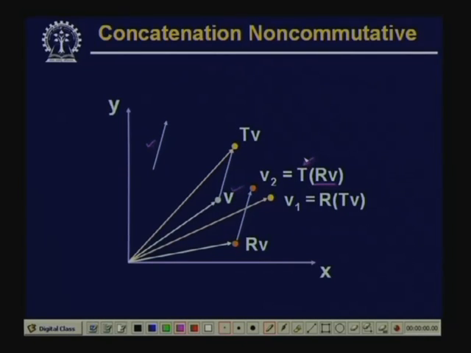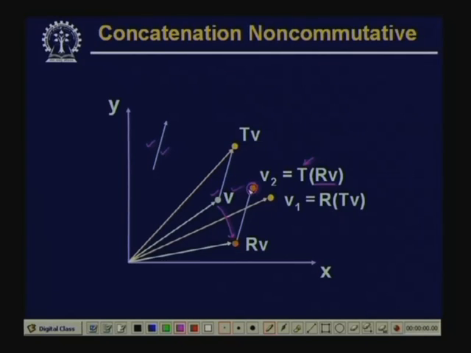So, if I do that, you find that this V is the original position of this point. If I first rotate it by using this rotation transformation, the point V comes here in the rotated position, and after this, if I give translation to this point V by this translation vector, then the translated point is coming over here, which is represented by V2.